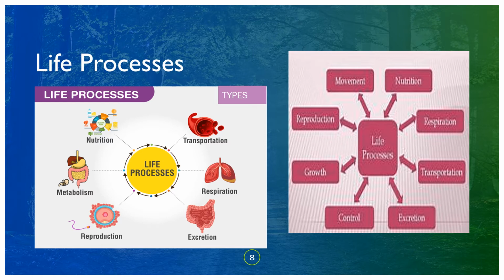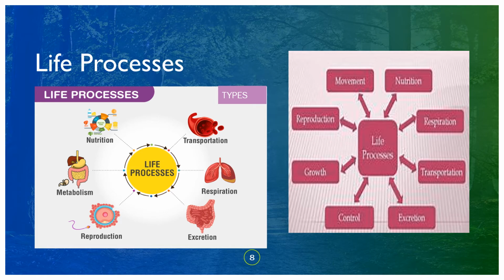You can see the second picture. It is very easy to draw in your exam. So whenever somebody asks you to write about life processes, it's very easy to draw such type of picture with your answer, and it's a mark scoring way, okay, because examiner does not want to read paragraphs in your exam paper.